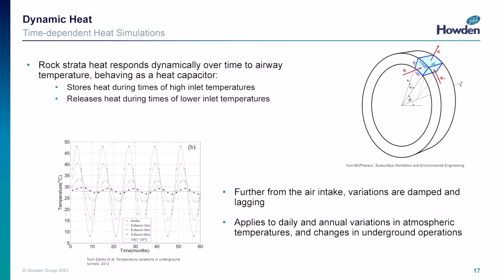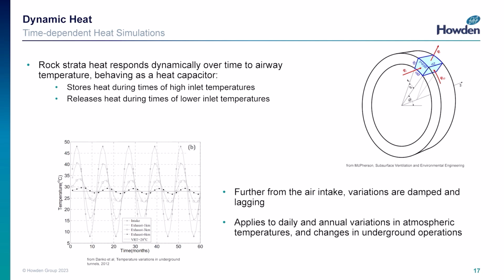So you'd know that from your own experience underground, that the deeper you go, the further away from the surface you go, the less you know about changes in temperature happening at the surface, because they're basically damped out by this huge amount of rock mass. So this applies to both daily and annual variations in outside temperatures, and also to changes in underground operations.